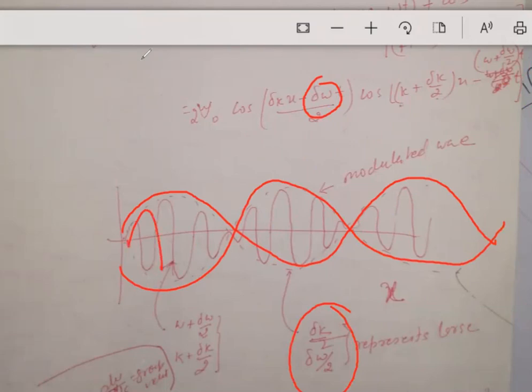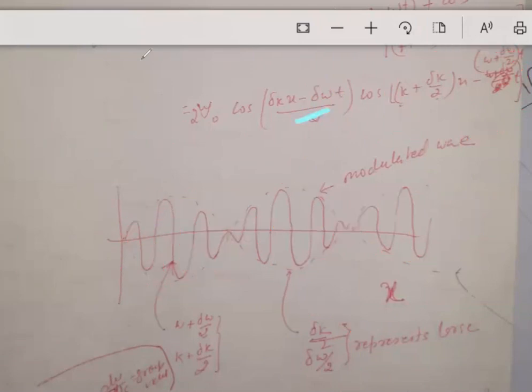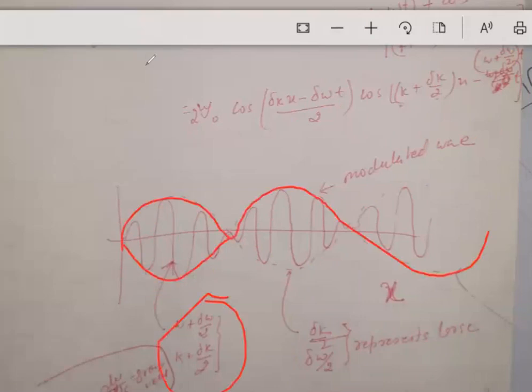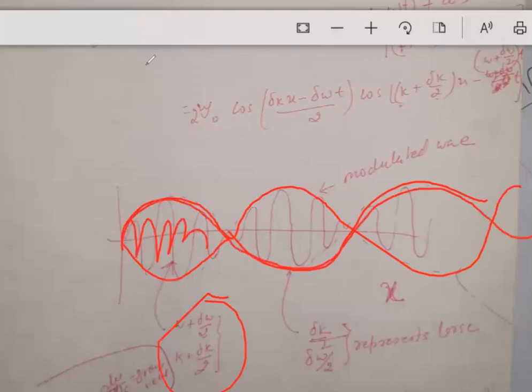This high frequency corresponds to this. So basically it is a phase type. This is a combination of many waves moving. So there are two types of movement. One is very fast, but look at this envelope.